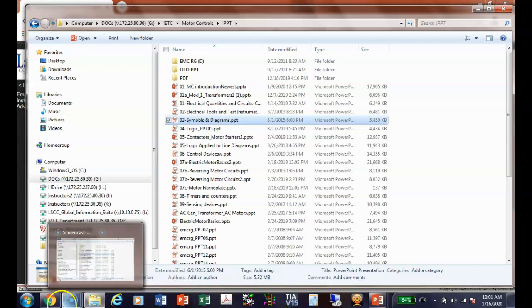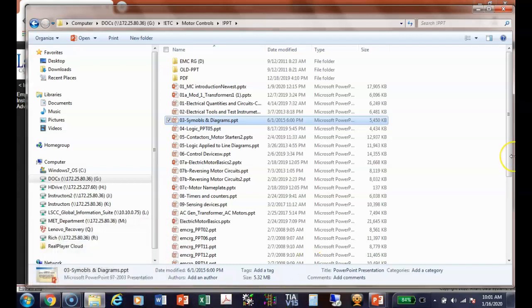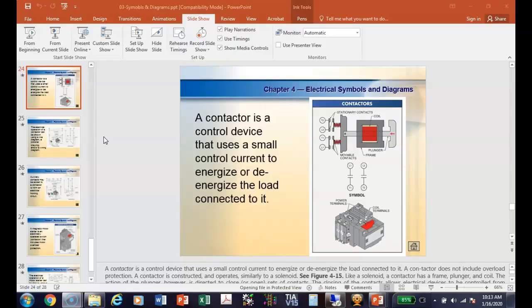What happened to my email? Oh my goodness. Their syllabus agreement, right? It was due today. Into the new Blackboard? Okay.